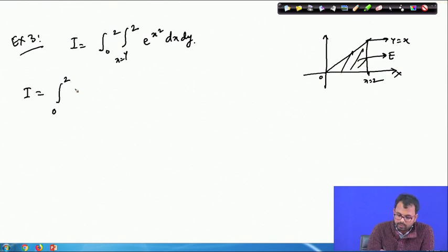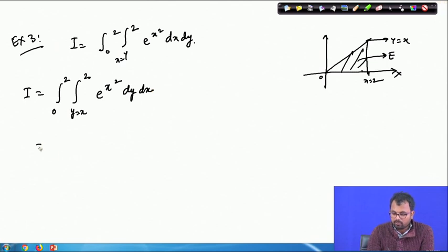Yes. And then x will vary from 0 to 2, and y will vary from x to 2, and then we have e to the power x square dy dx.